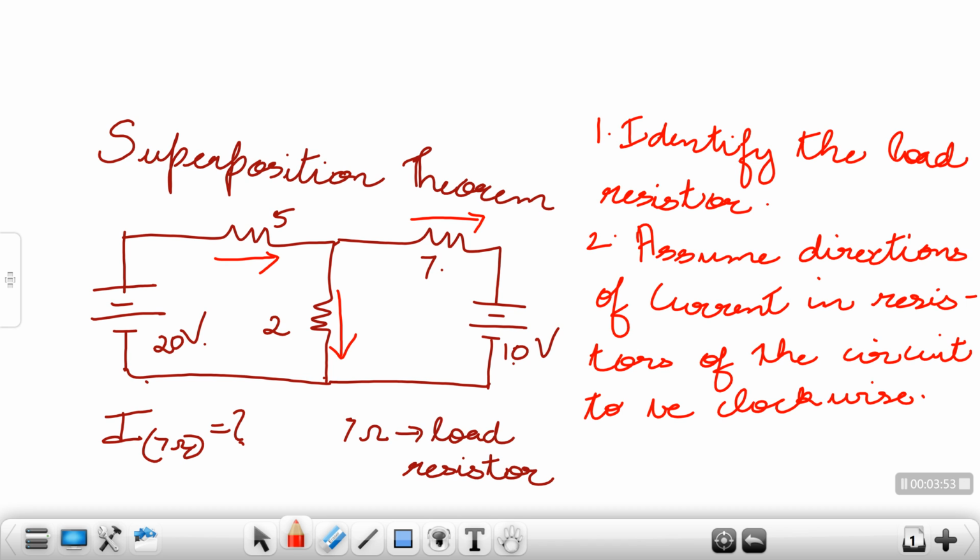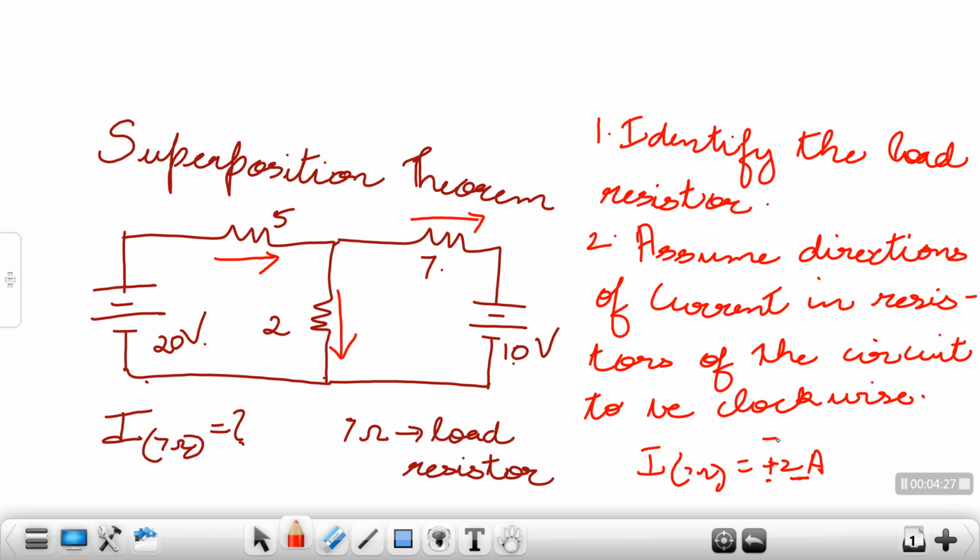Now this flow of current is just an assumption. When I actually do the calculations, current in 7 ohms can come out to be plus 2 amperes. What plus 2 amperes means is that 2 amperes is the current flowing in the 7 ohms because of the net effect of this 20 volts and 10 volts. And the plus sign indicates that the direction you assumed, left to right, is true.